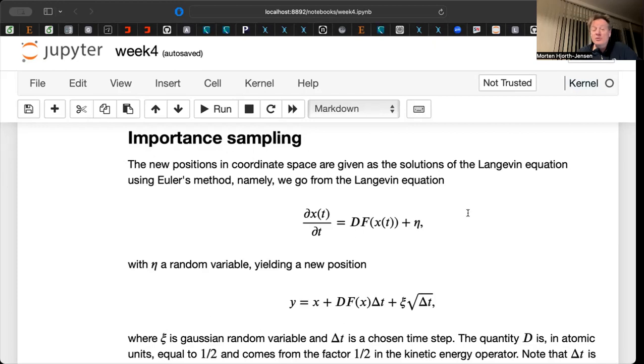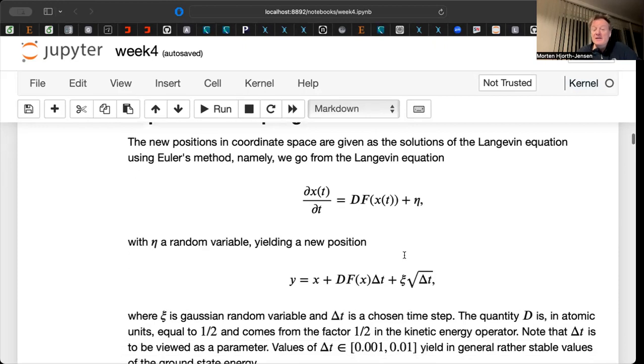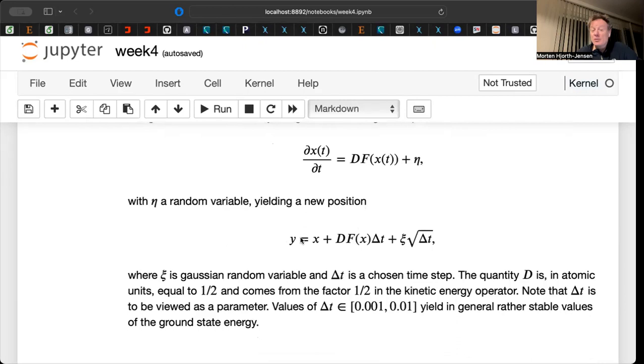And it is assumed to model the movement of a particle under the influence of an external force, plus some kind of random noise, which varies quickly at a time scale which is much faster than the variation of the force F. And the equation which we end up implementing when we integrate this equation, using just, let's say, Euler's method, the simplest way we can implement the update of a position as a function of time here. So time is a kind of fictitious time here.